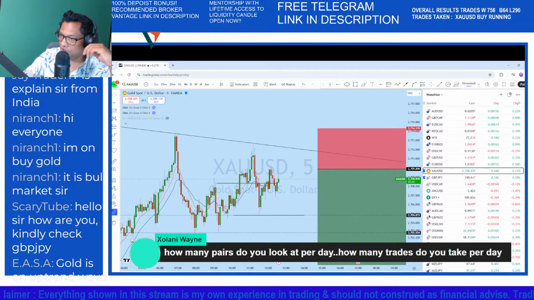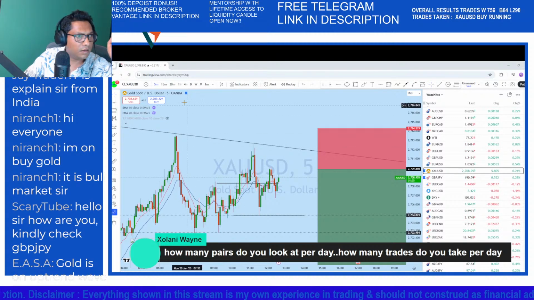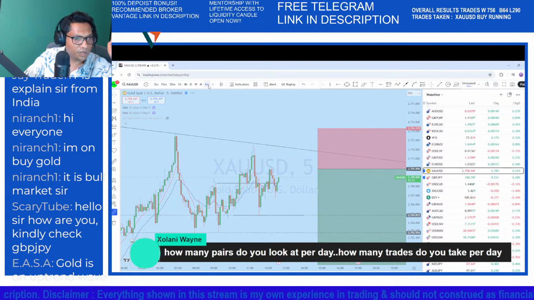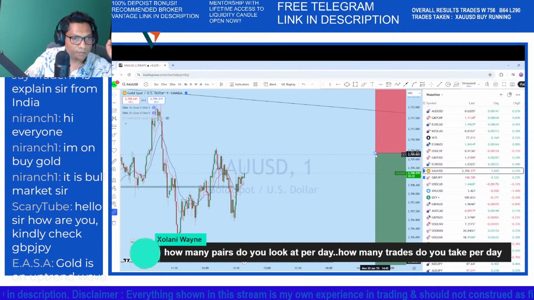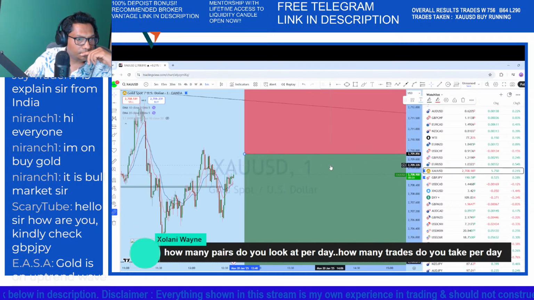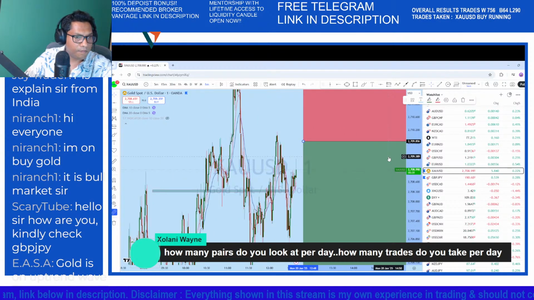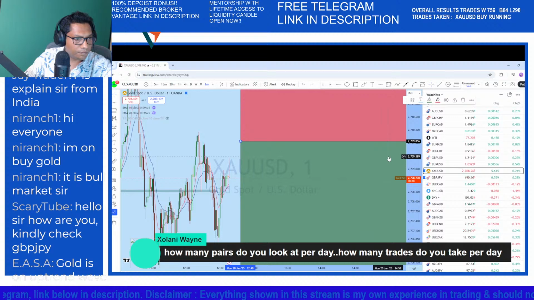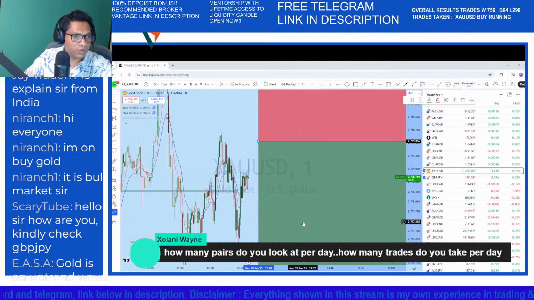So the best for us is to see the 1 minute chart. So a doji being formed.